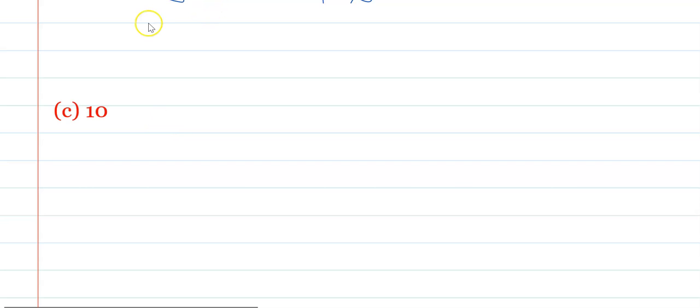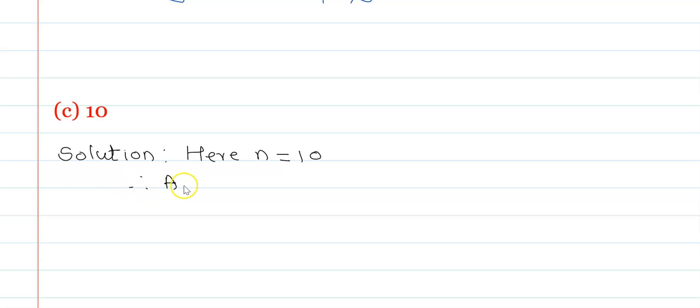solution. Okay, here n is equal to 10. Therefore, angle sum of polygon is equal to n minus 2 into 180.